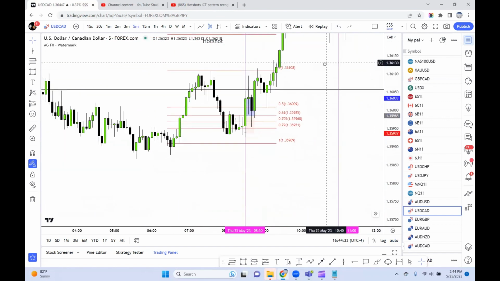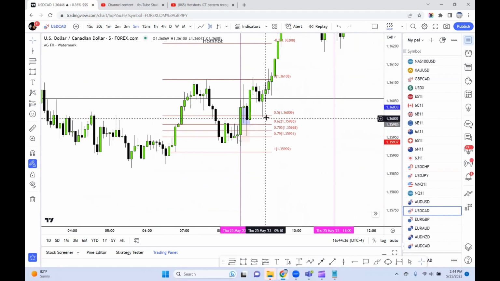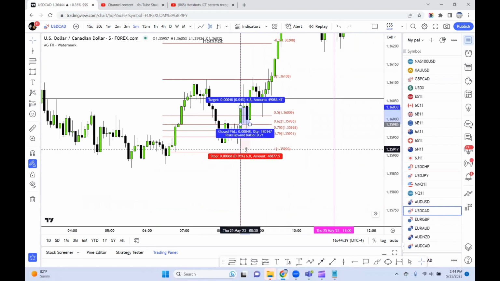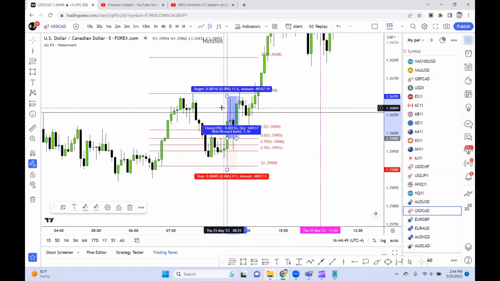Now, sticking to the rules, your entry will always be at 0.62 level. Stop loss will go, if you're a buyer, below the 1 level to the next institutional level, which would be the 0 level here. First take profit will be 0. And of course, the Fibonacci is not magic, it's the draw on liquidity that is.